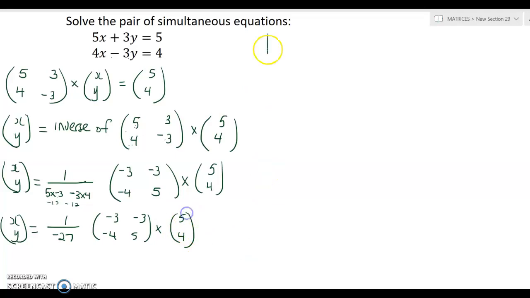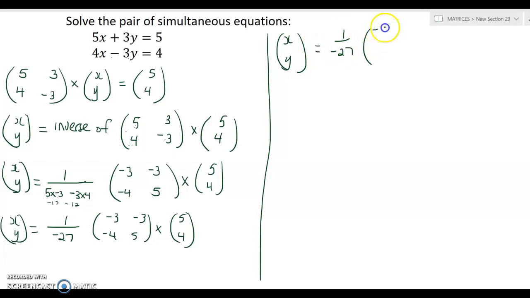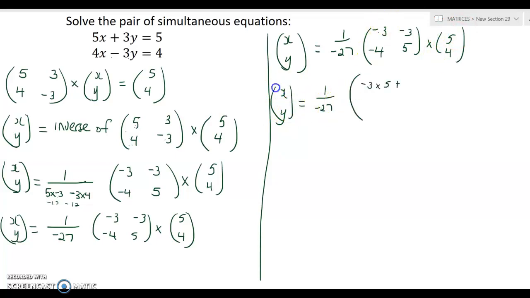Right? So now I'm coming on this side now. Let me rewrite everything here so we could have it clearly when we're going to multiply now. So let's go. Minus 3 times 5 plus minus 3 times 4.